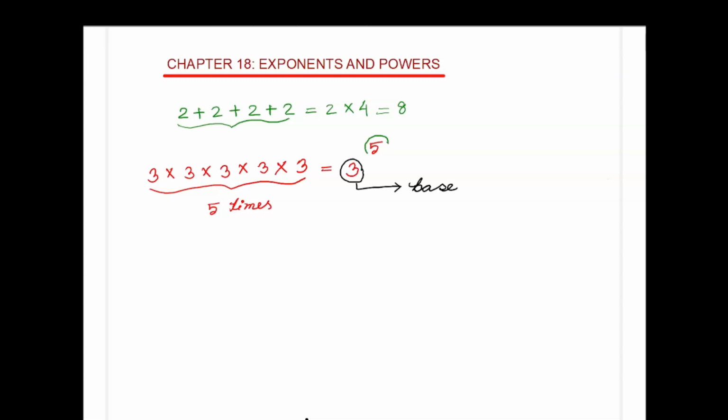And how many times we are multiplying, which we write upward, is called the power. Sometimes it is called the exponent, and sometimes it is called the index.